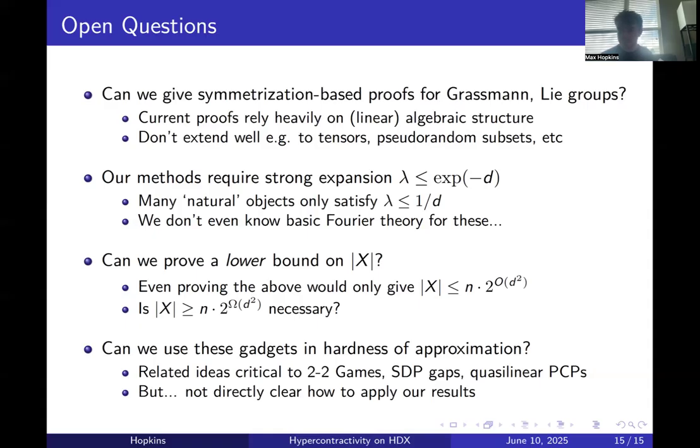It's related to these ideas in 2-to-2 games, SDP gaps, and this breakthrough work, the best paper in this conference on quasi-linear PCPs, but it's not clear how you would directly apply this theory of global hypercontractivity to make progress on any of these problems. So it would be extremely interesting if you could find some sort of classic application area for these sparse hypercontractive inequalities.